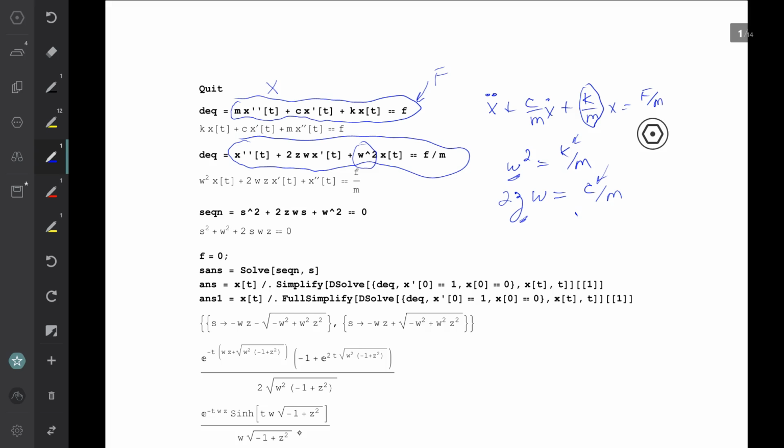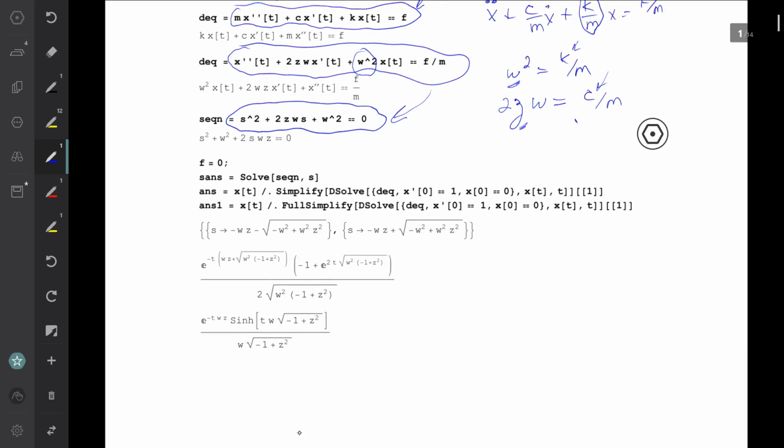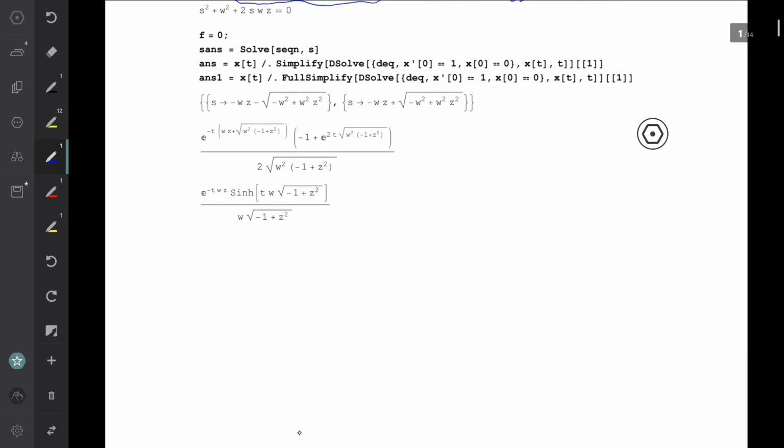So if you know 2 of them, you can get the other 2. I also expect you to be able to take your differential equation and find the s equation for it. And so here's the s equation for this differential equation. And I expect you to be able to do that fairly quickly. I've shown you how to do that in class, and I'm not going to belabor the point here.